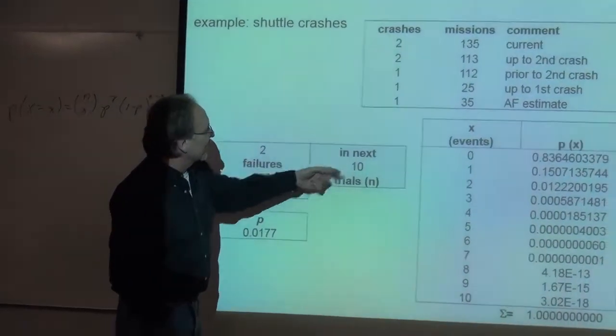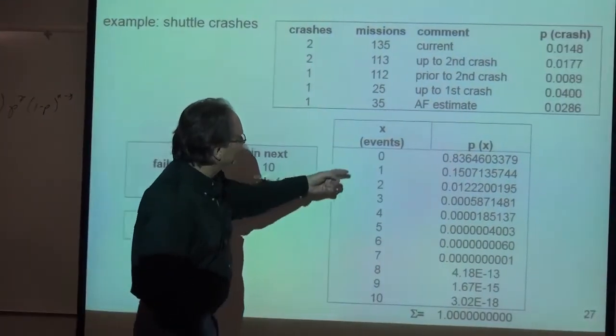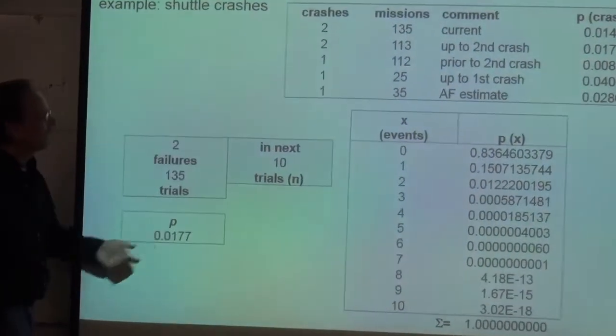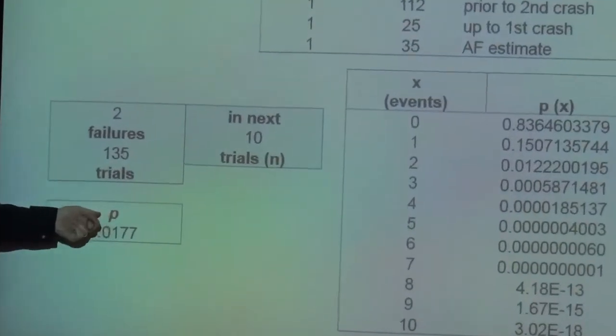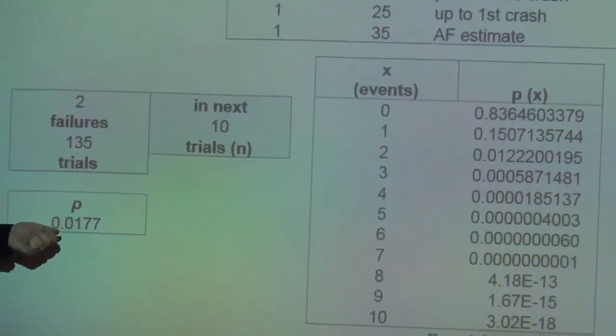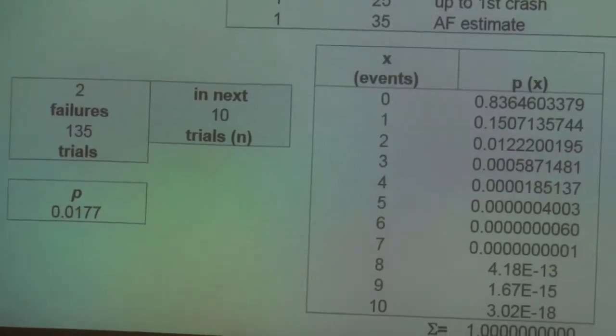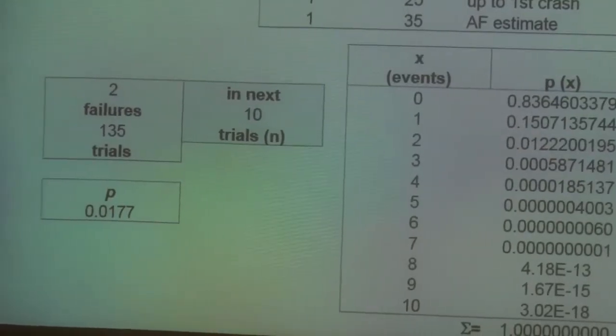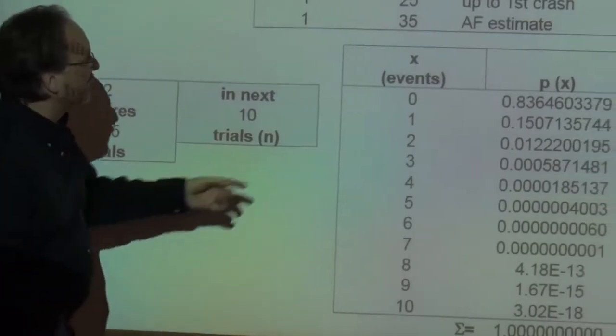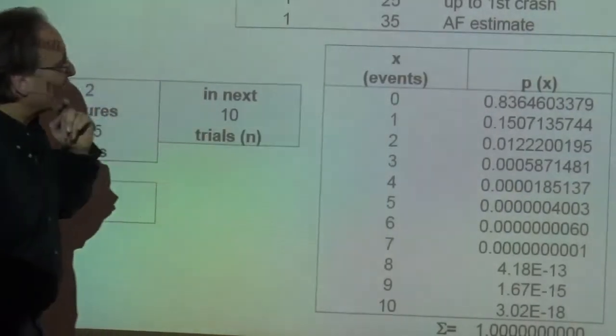But anyway, in the next 10 trials, so this is our P, our probability of success, our probability of failure. But we could use that as success, because what we're doing is we're interested in the number of crashes, so we call that our P. Could do the opposite, but 0P is about 84%.